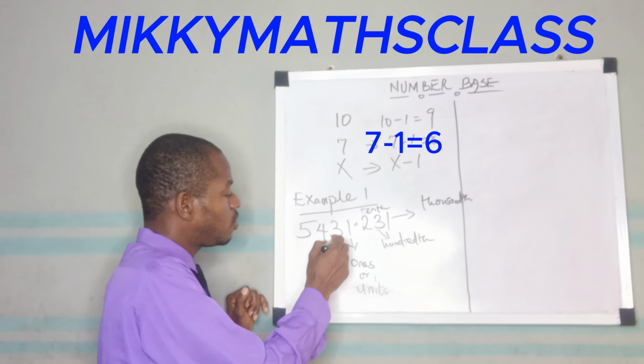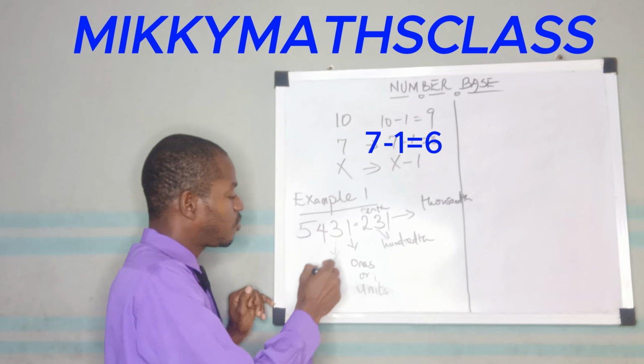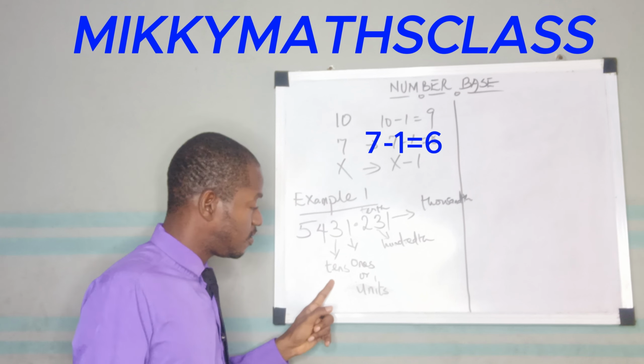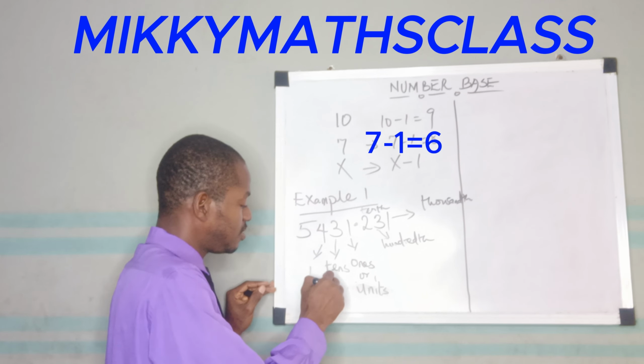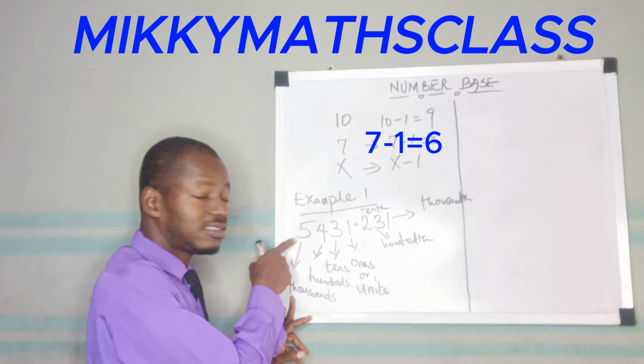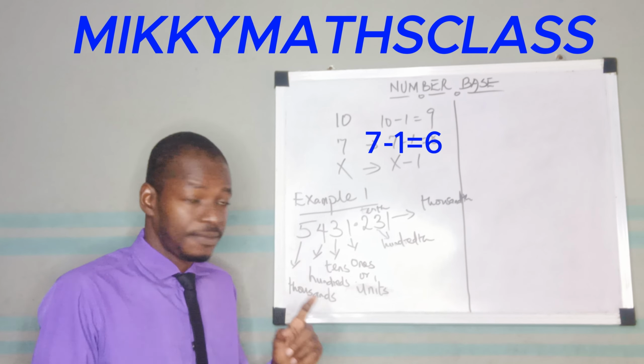So the first one here is called the ones, then the tens, then the hundreds, and this is called the thousands. That's why this number is pronounced 5,000, because under the thousand part you have 5.